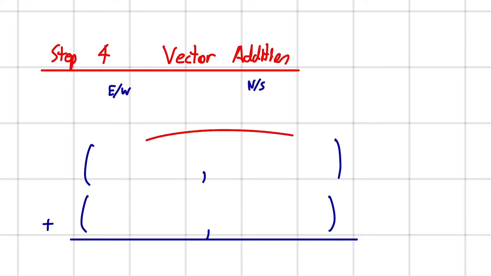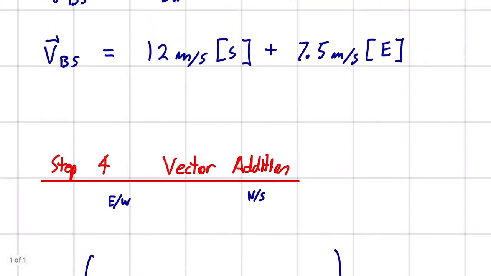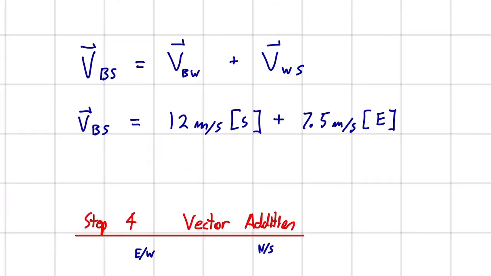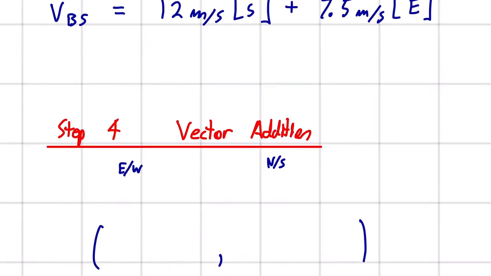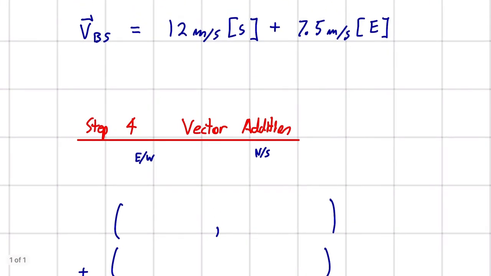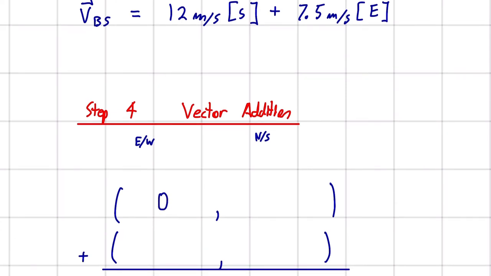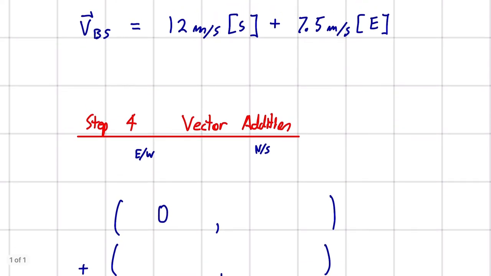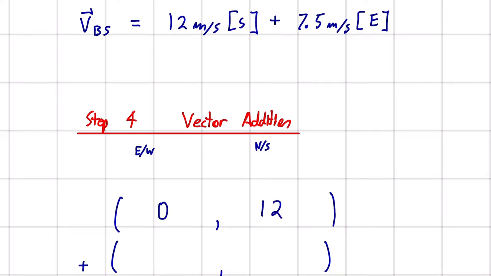With our first vector, what is the east and west component? Well, in our first vector, 12 meters per second south, we have no component in the east or west direction, so it's 0. And in the north or south direction, it's going to be 12.